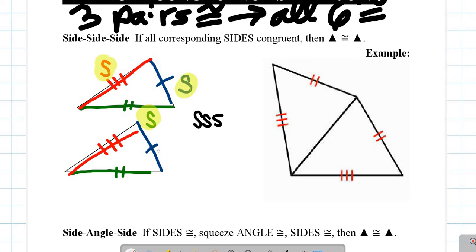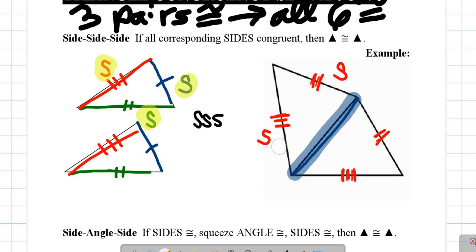Here's another example right here. Right here we have a pair of sides congruent. This hatch mark says we have another pair of sides congruent. And then there's what I call hidden congruencies. Do you see how this side is shared by 2 triangles?